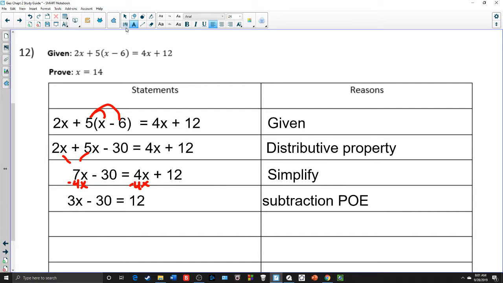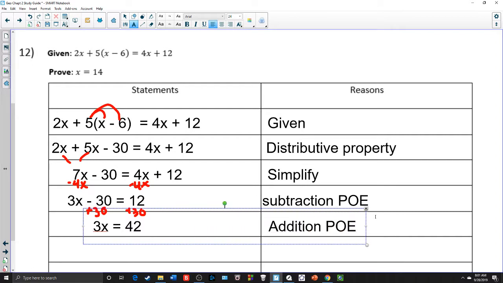And then now you can take care of the 30, so you can add 30 to both sides. So once again, you don't want to do too much at once, otherwise you're liable to skip steps, and that's going to be no good. So now you have 3x equals 42, and that is by addition POE.